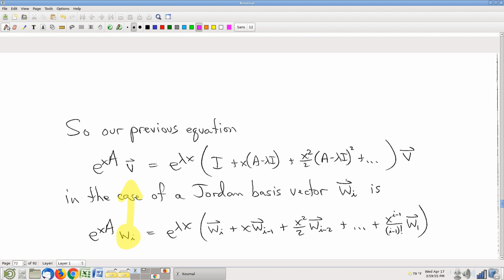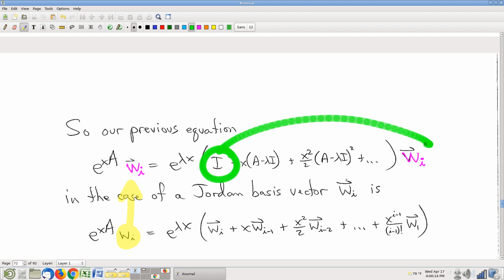This becomes w_i, the ith Jordan basis vector. This therefore becomes w_i, that same ith Jordan basis vector, and here we go. We're just going to follow it through one term at a time. The identity times w_i gives me w_i. That's an easy one.